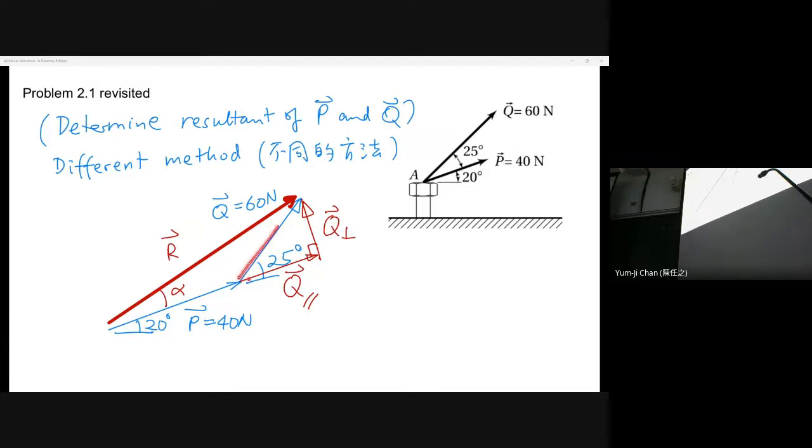At first we have Q and we draw it as Q parallel and Q perpendicular.